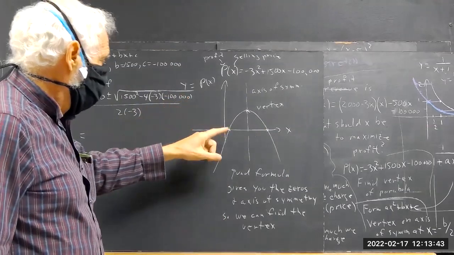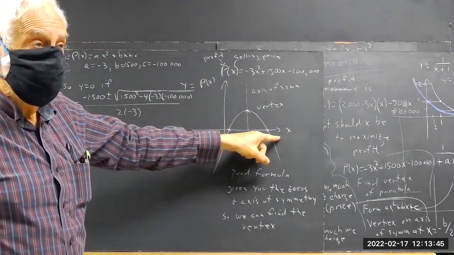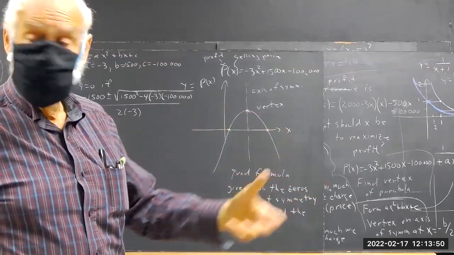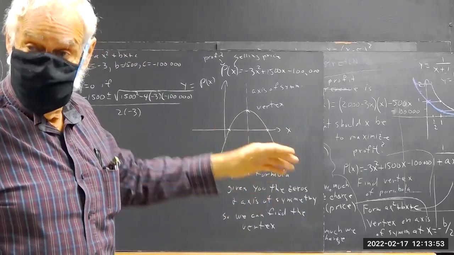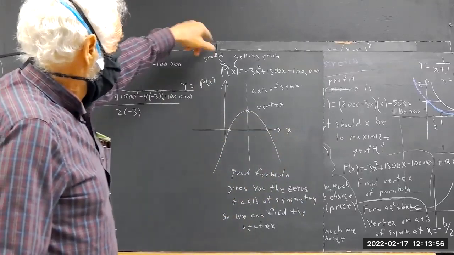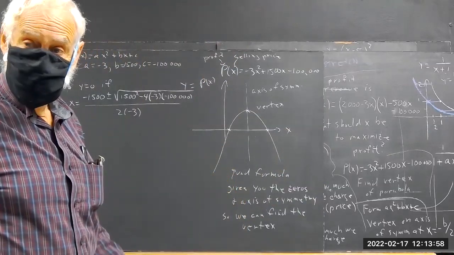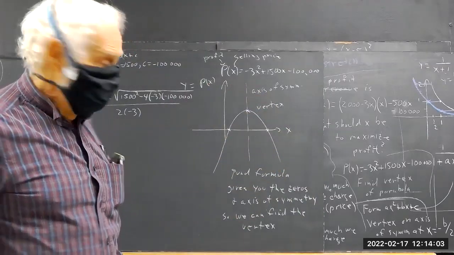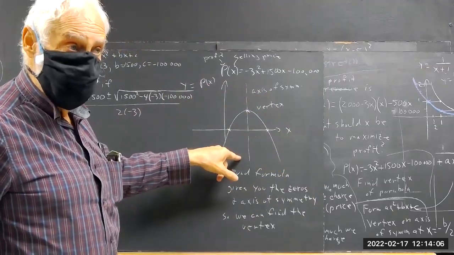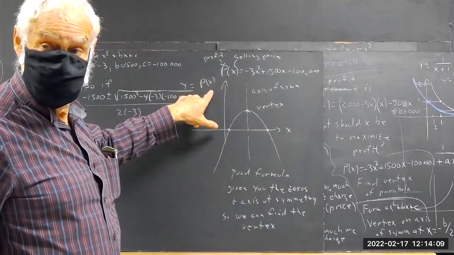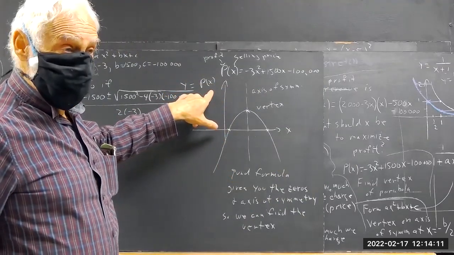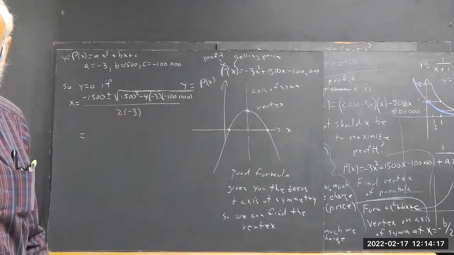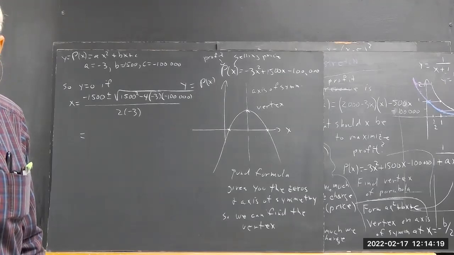You better hope that you have zeros, because if you don't have zeros, remember when I asked you to sketch a couple of parabolas that don't touch the x-axis, it means you're either above or below. Now, if you're upside down and you don't have zeros, that means everything's below the x-axis, which means y is always negative, which means you're always going to lose money, because that's how much money you make. So you better have zeros, so what's under this radical sign darn well better be positive.